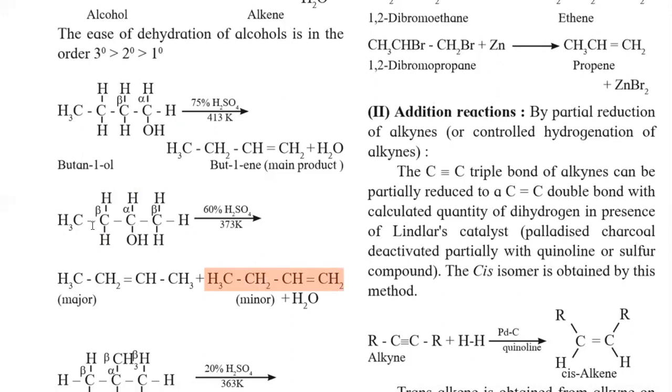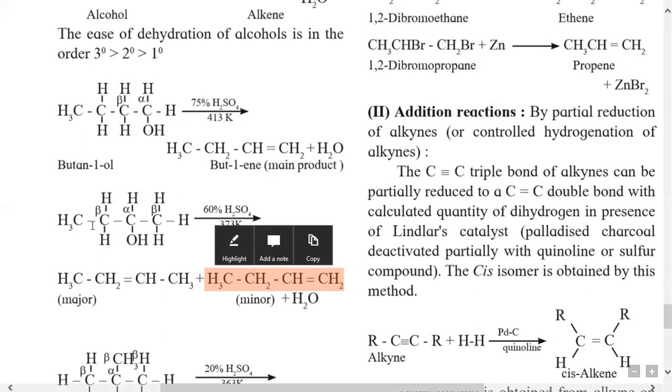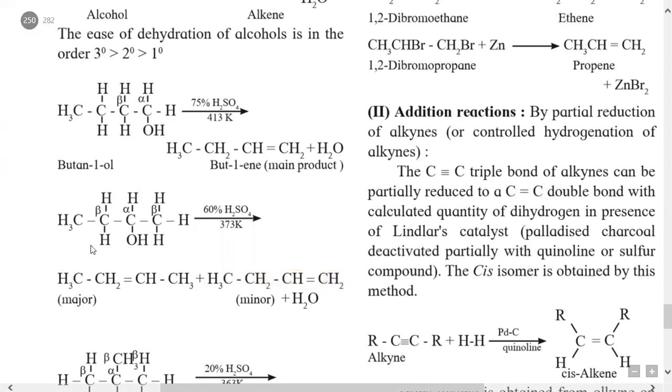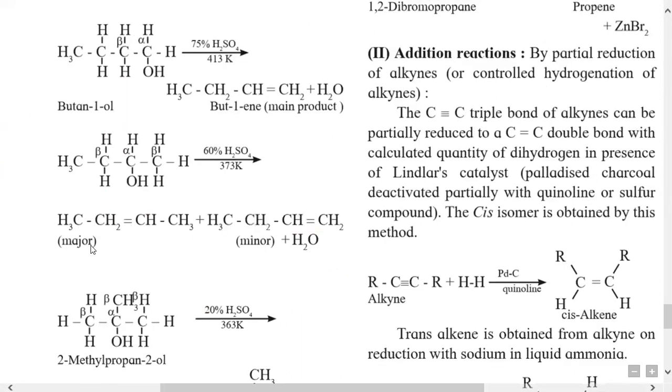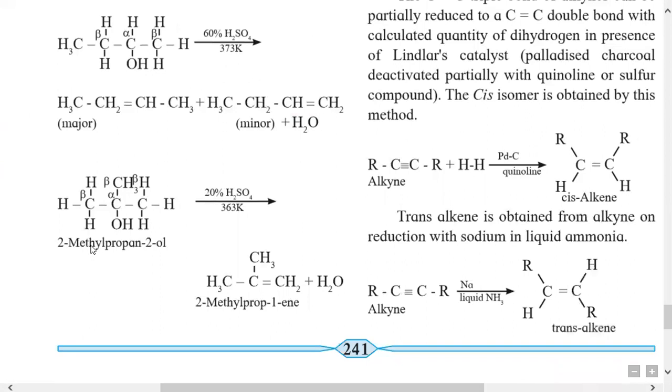Because according to Saytzeff rule, this alkene is a minor product, and the other product formed in this reaction is but-2-ene, and it is the major product because in this alkene there are two alkyl groups bonded according to Saytzeff rule. This but-2-ene is a disubstituted alkene and it is the major product according to Saytzeff rule.